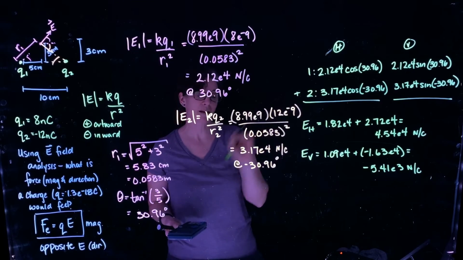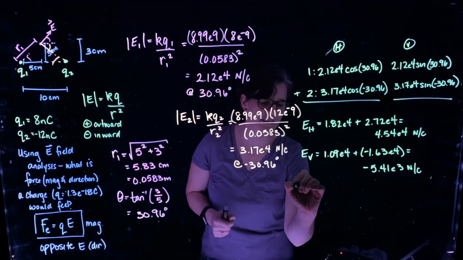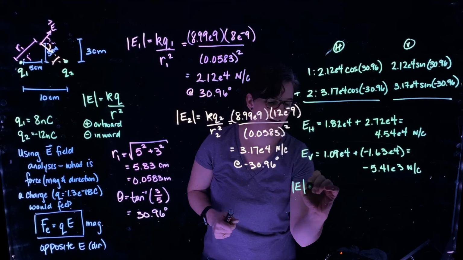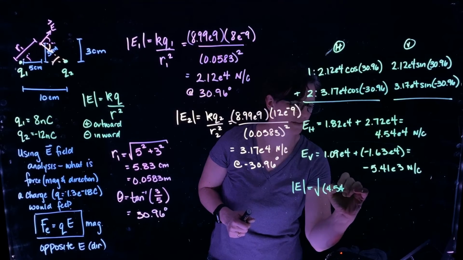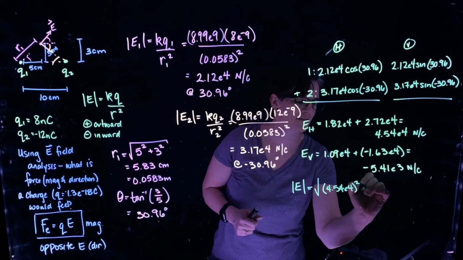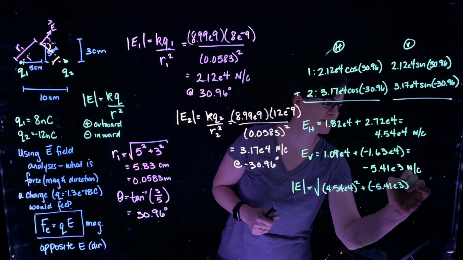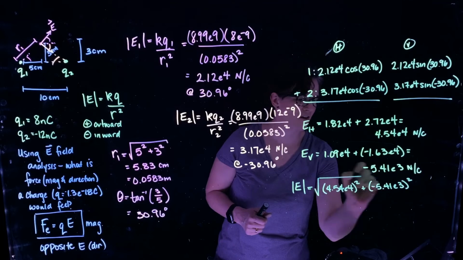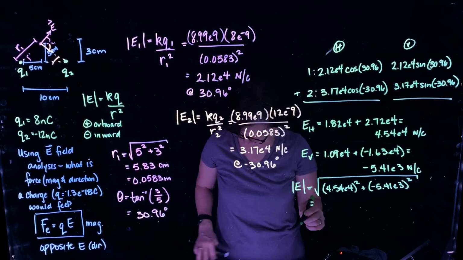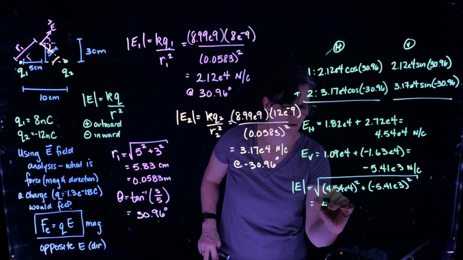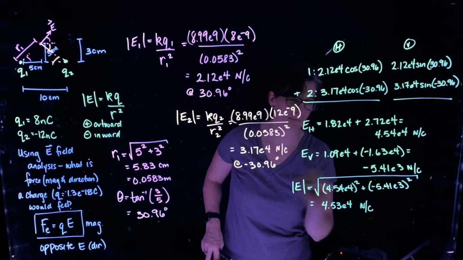So I have a horizontal component and a vertical component. In order to find the magnitude of the electric field, I take the square root of 4.54 times 10 to the fourth squared plus negative 5.41 times 10 to the third squared, all under the square root. And when I do that, I get 4.53 times 10 to the fourth newtons per coulomb.